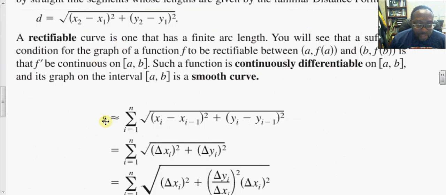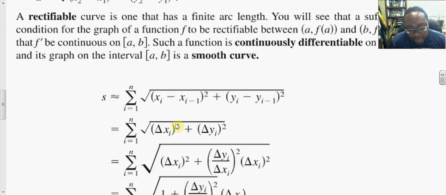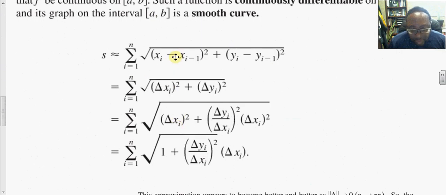We denote S here. We take the summation of partitions of these rectangular slices that we get from the distance formula. See how the distance formula matches up in this summation: the difference of the x values, delta x sub i, the difference of the y values, delta y sub i.